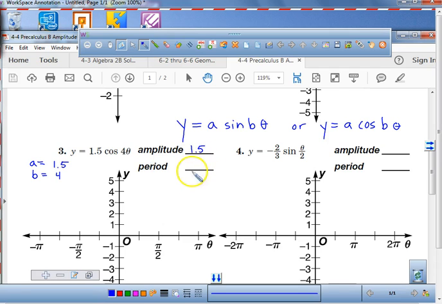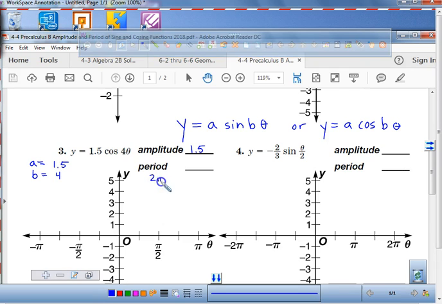Now there is a formula for the period. To find the period, take 2 pi and divide it by your B value. In our case, we take 2 pi and divide it by 4, and that becomes pi over 2. So our period for number 3 is pi divided by 2.